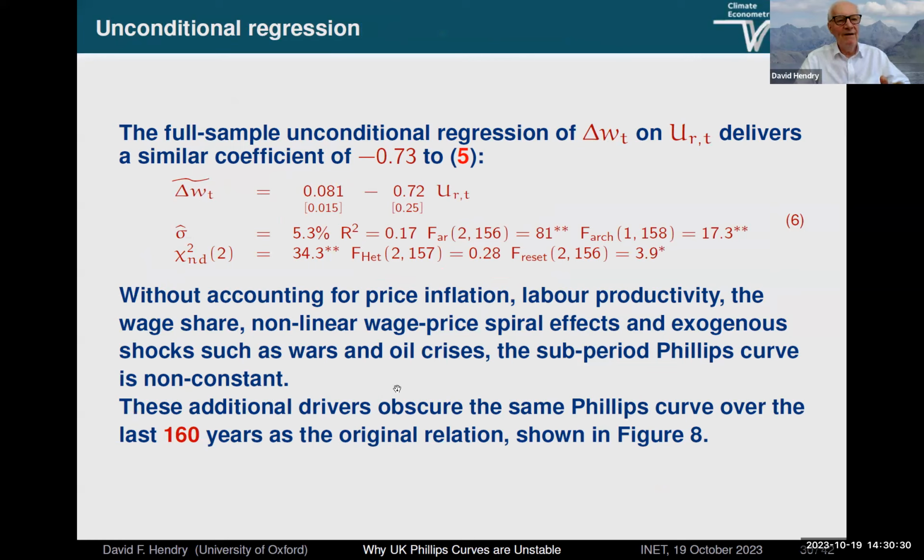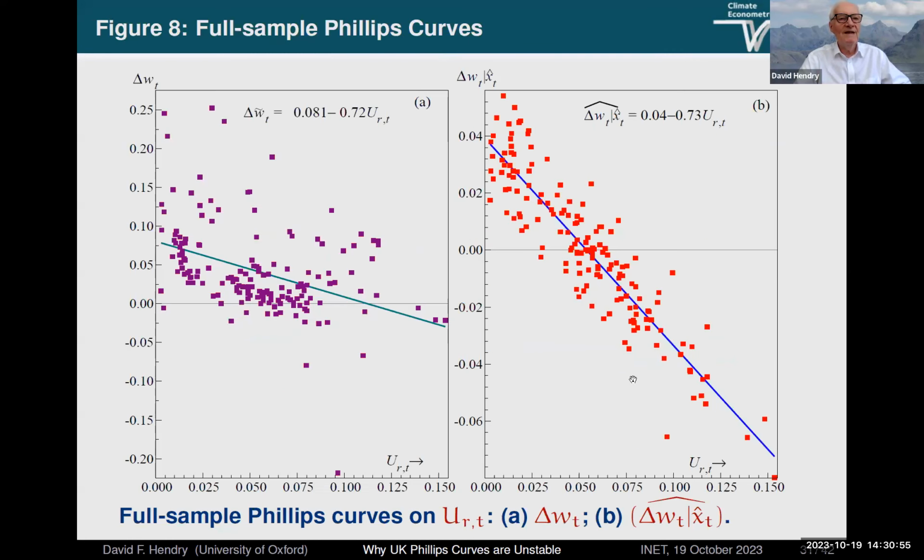So without accounting for price inflation, labor productivity, the wage share, nonlinear wage price spirals, nonlinear employment effects, exogenous shocks, wars, oil crises, all the subperiod curves are non-constant. But if you account for all of these, they suddenly become constant. So these additional drivers obscure the same Phillips curve hiding underneath over the last 160 years.